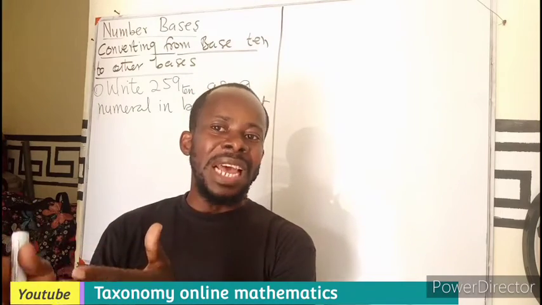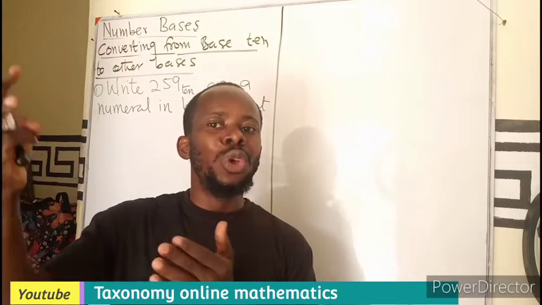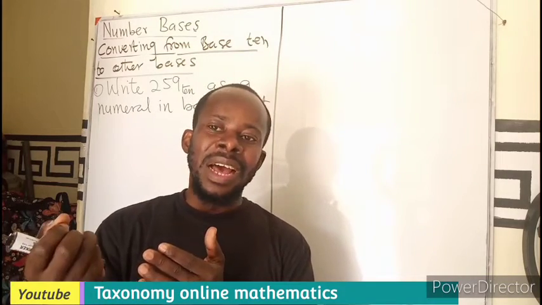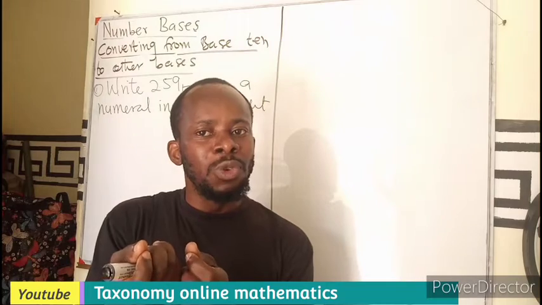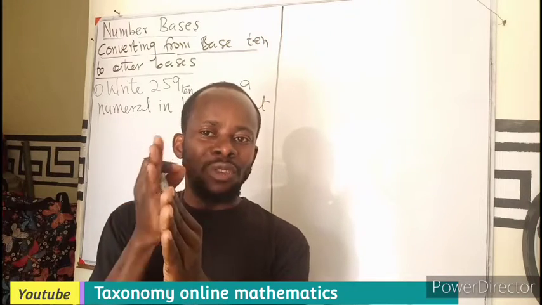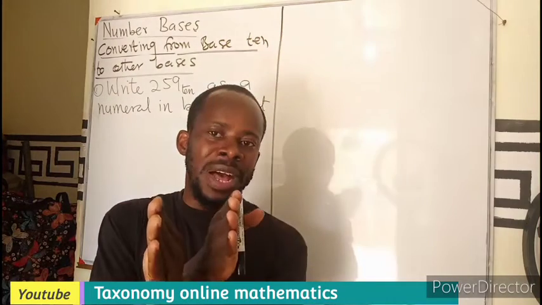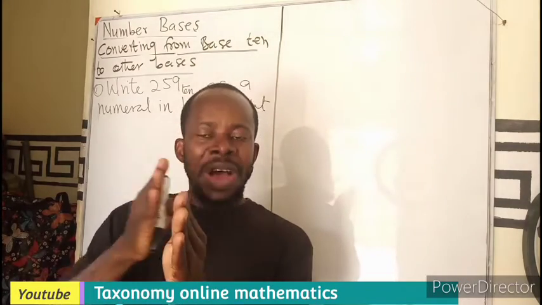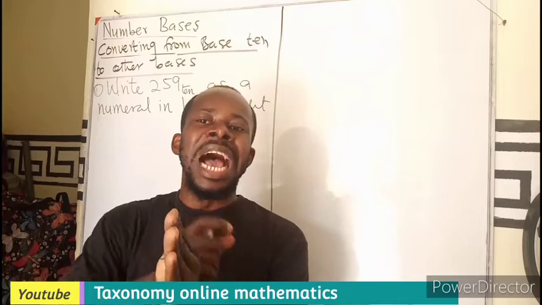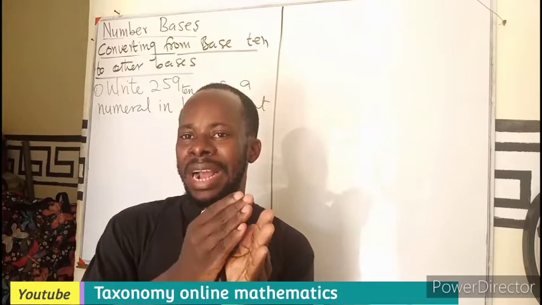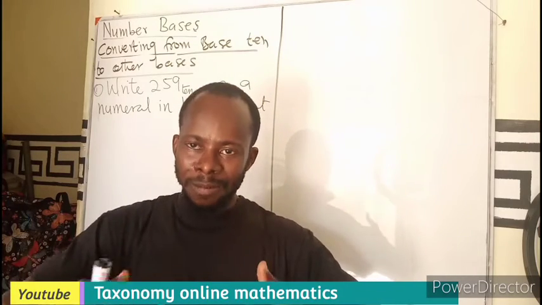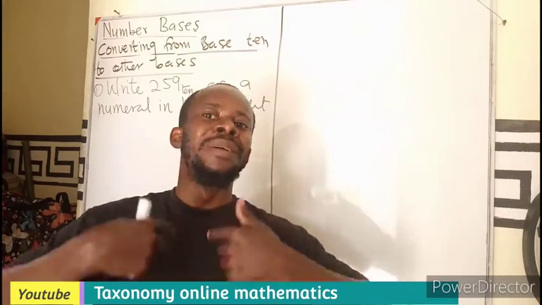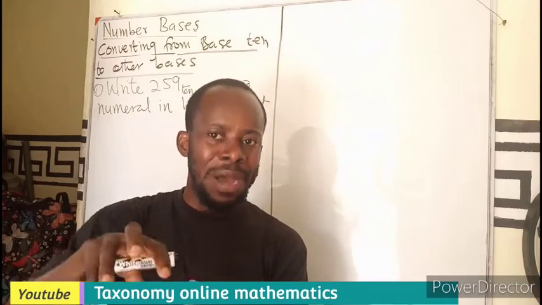If I'm moving from base 10, let's say to base 5, I cannot use the digits 9, 8, 7, 6, 5 itself. So in order to get that smaller set of digits, where numbers from 5 and above are not included, I need to break down that number with the base, so that the 5 will break every number to give me the remainder of that number.